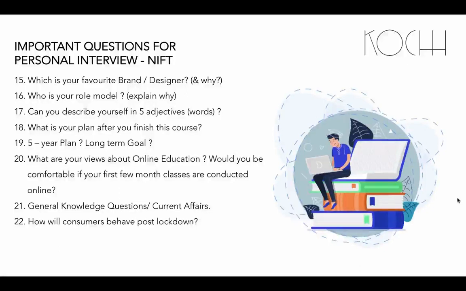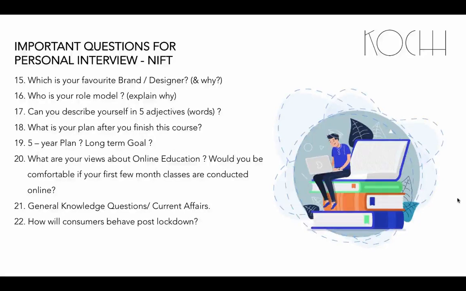So the next question would be, can you describe yourself in 5 adjectives or words? Always remember that you also described yourself in the first question, which was your introduction, and you probably gave some strengths. So make sure that you repeat those strengths.